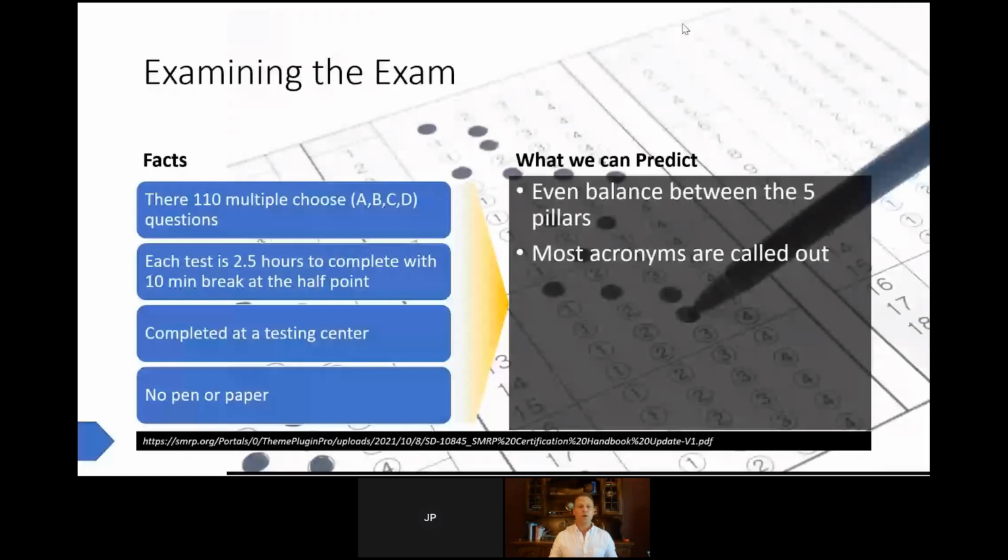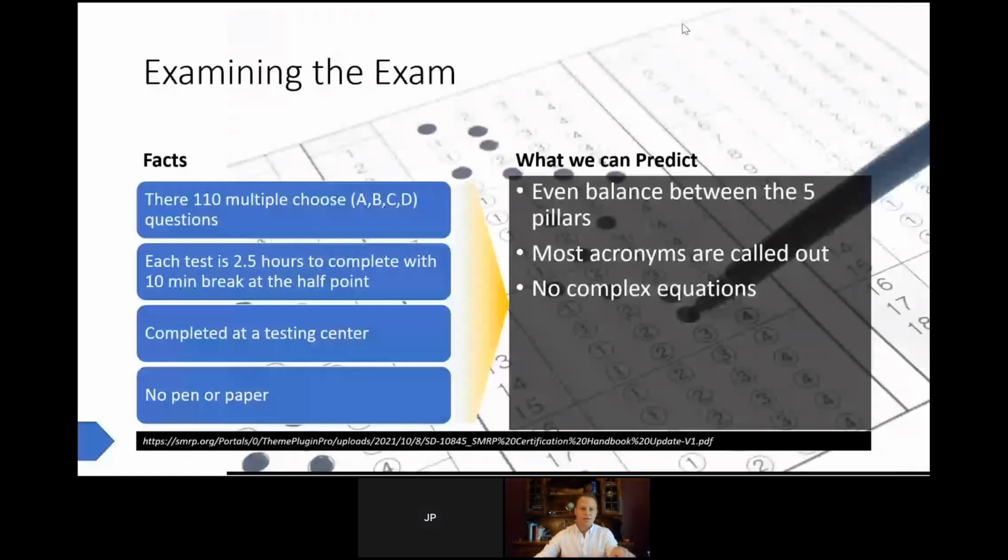For the most part, all the acronyms are called out. I found only one that was referred to as MTTR, mean time to repair. But other than that, all the acronyms are called out. So that just tells me that you don't necessarily have to take a lot of time memorizing all these acronyms, because they're going to make those available for you. No complex math equations.